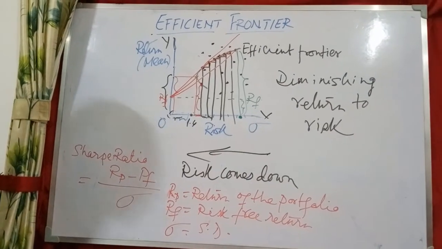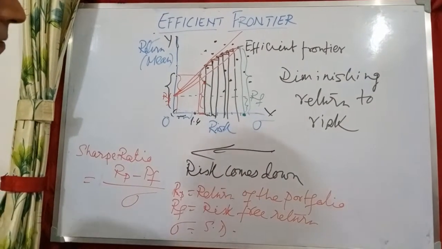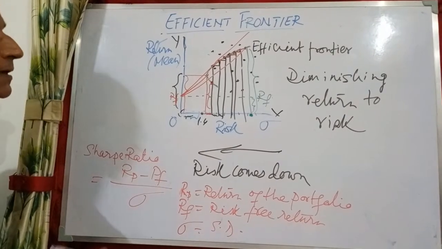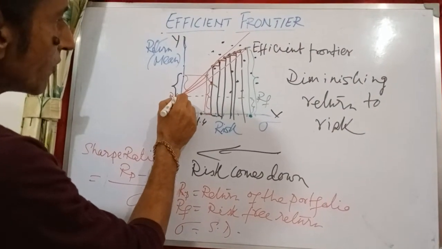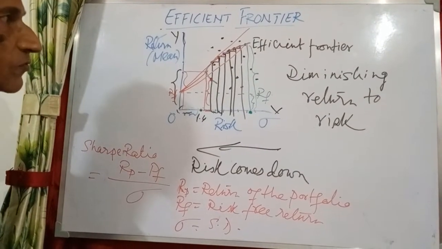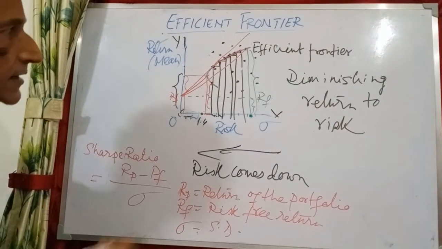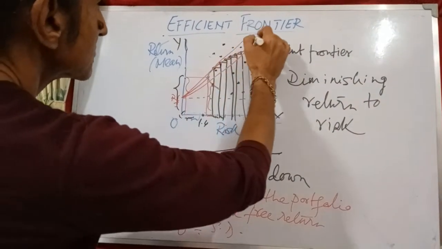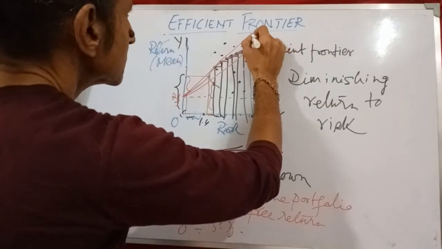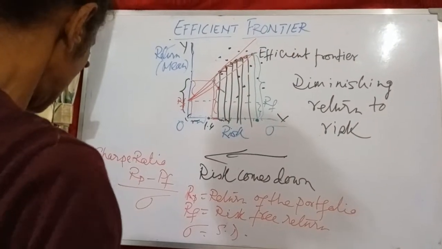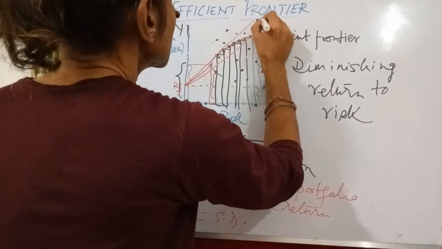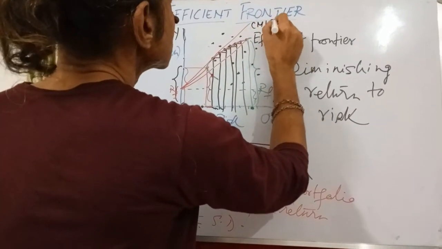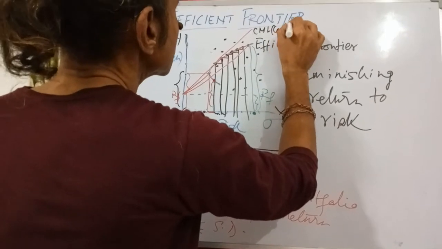You see, if we draw a tangent from risk-free return, this is called CML, that is capital market line.